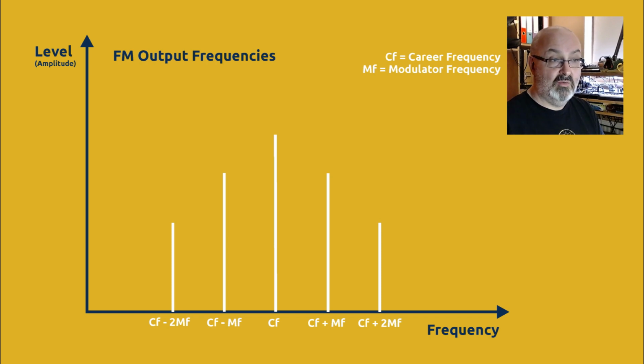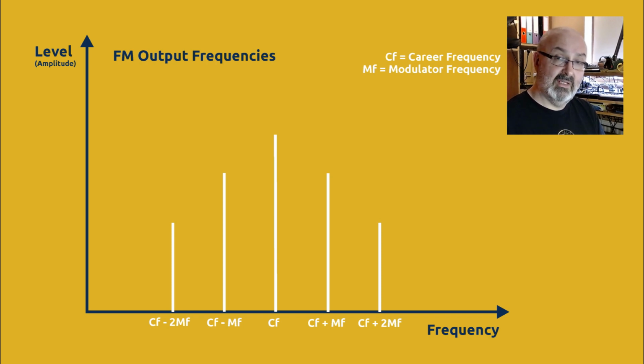So you also get your carrier frequency plus 2 times your modulator frequency, and you also get your carrier frequency minus 2 times your modulator frequency.